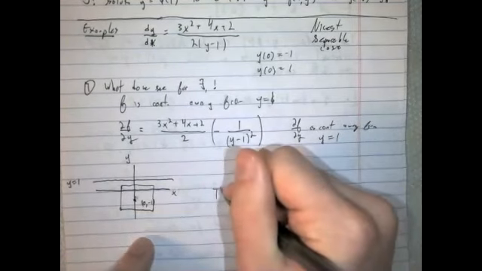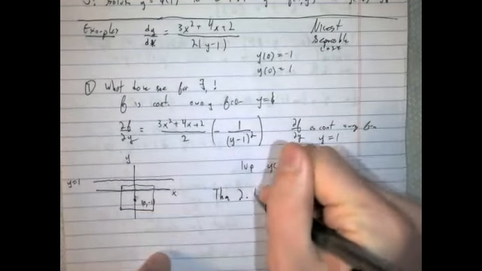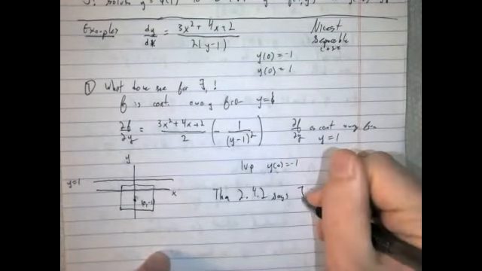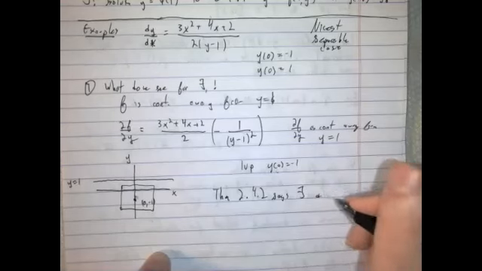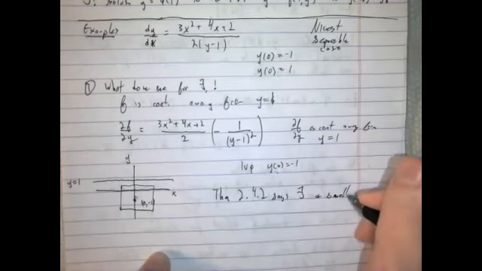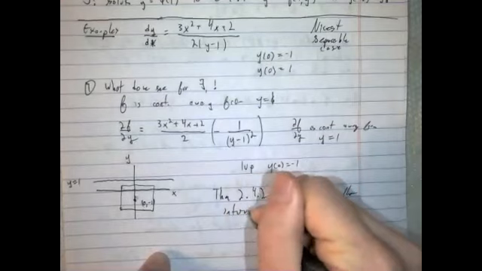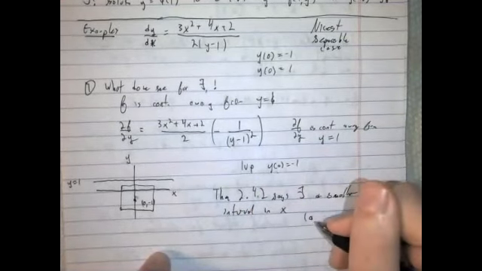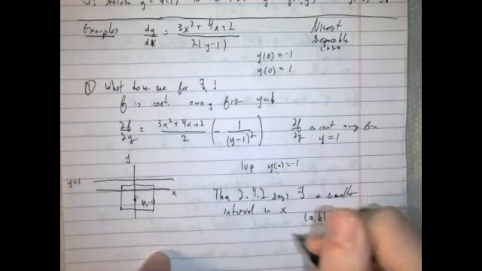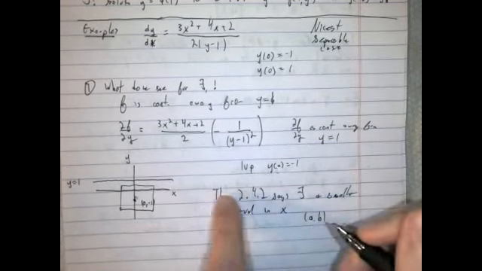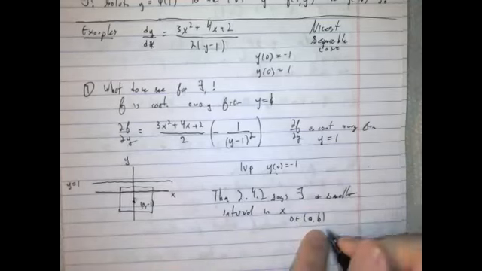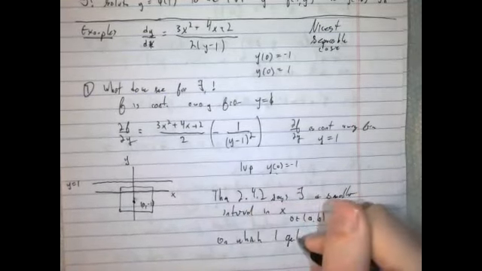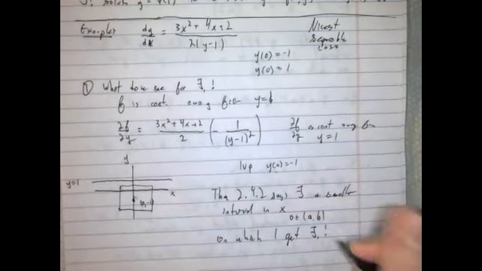So theorem 2.4.2 says there exists a smaller box, or a smaller interval in x, that is (a, b) with x0, which is equal to 0, inside (a, b), on which I get existence and uniqueness of a solution.